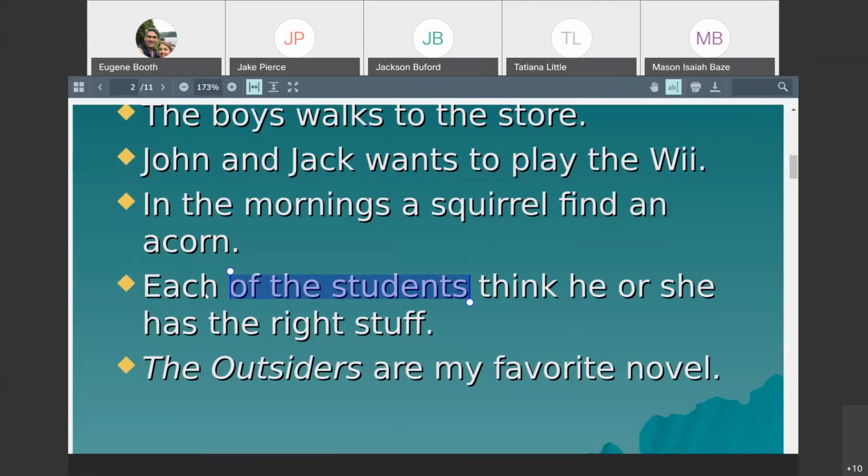Give me a yep if you understand that. Okay. I know each is singular as well. Now, I'm going to substitute for the word each. I'm going to substitute it with another singular noun that I am familiar with that will help my ears out. I'm going to substitute each with the word it.